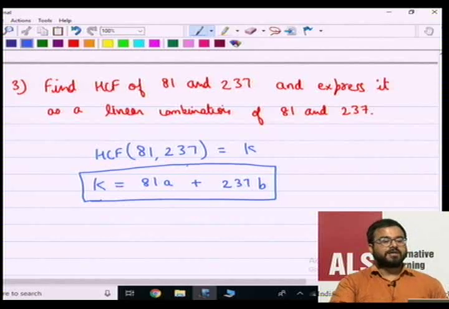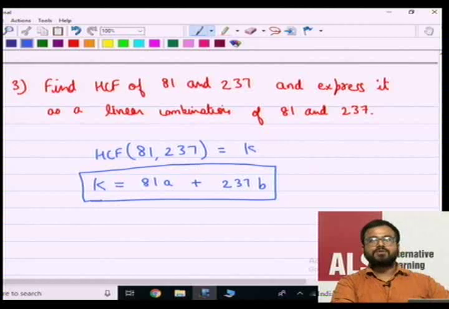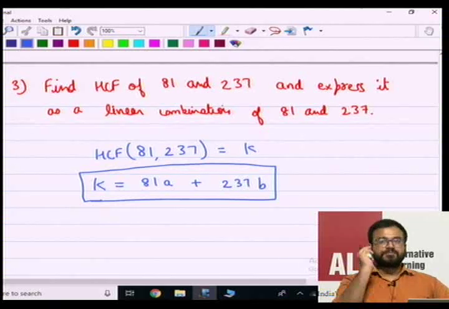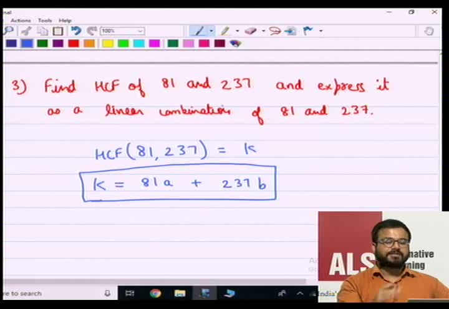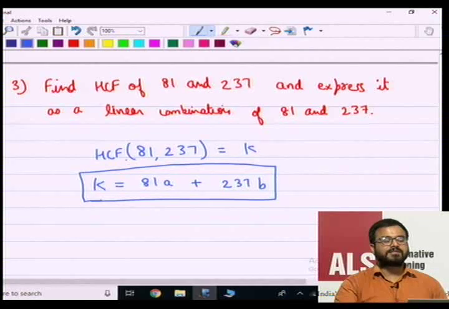I am saying the question, Itanagar, the question says find the HCF of 81 and 237. That is the thing you already know how to find. Second part says represent that HCF, whatever answer you are getting, as a linear combination of 81 and 237. What do we mean by linear combination? It should be a linear equation in two variables. So suppose the HCF of 81 and 237 is K, which we got.